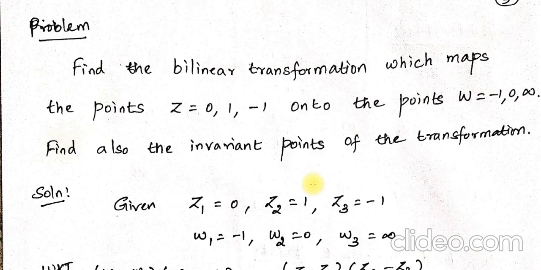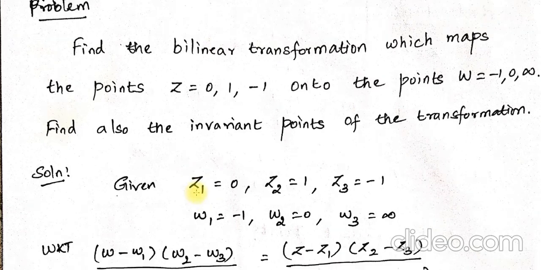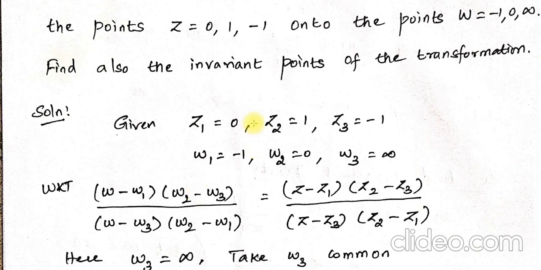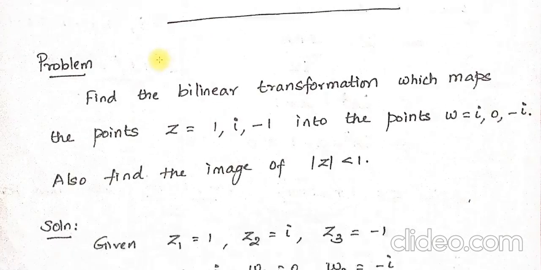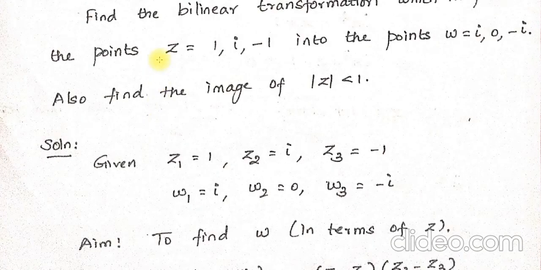Again, as in the previous problem, we have written the data as Z1, Z2, Z3, and this is W1, W2, W3. Again, we are writing the same formula. See the previous problem also, the same thing will be continuing. Just check it out. See, this is the previous problem we did.